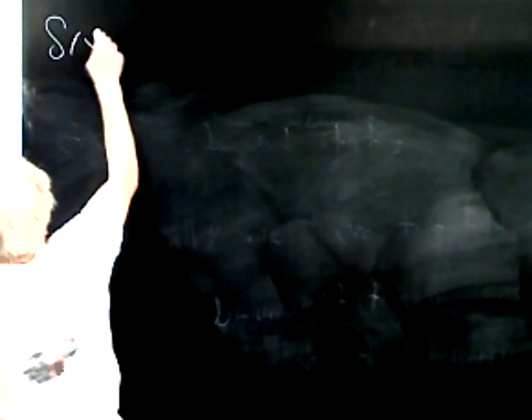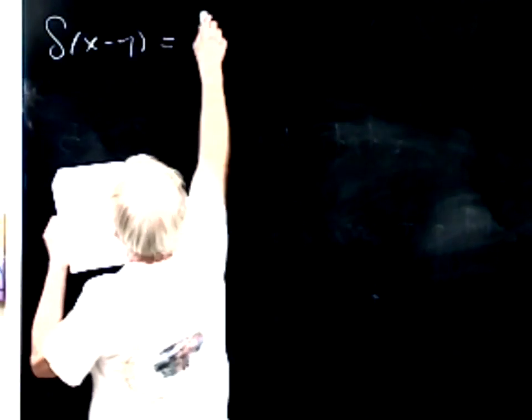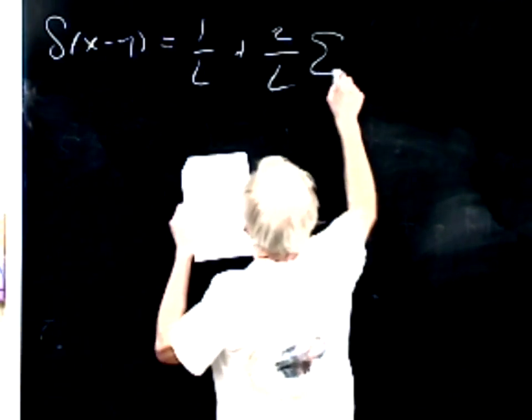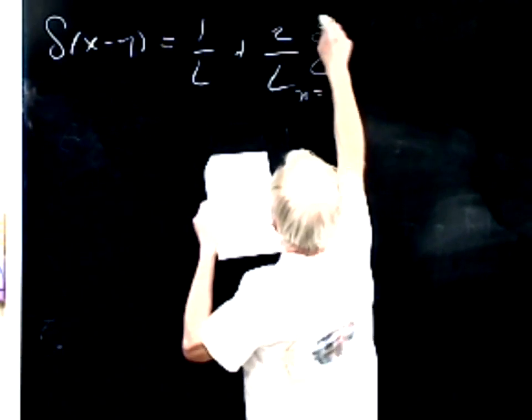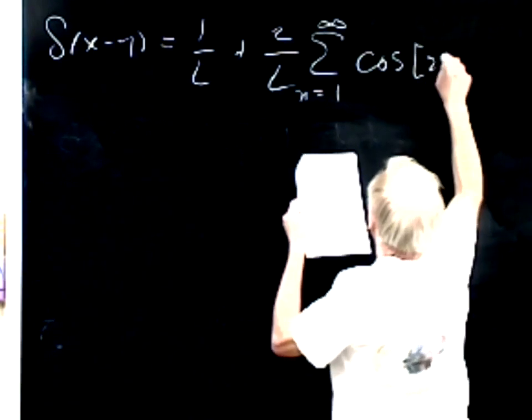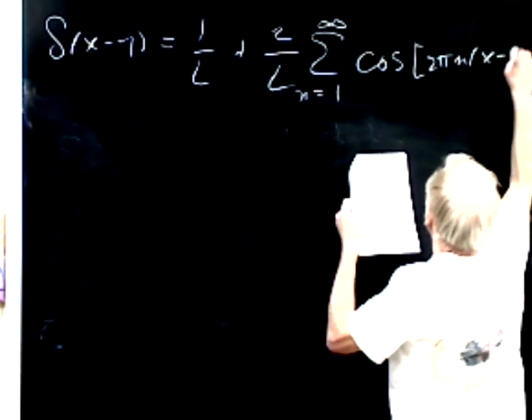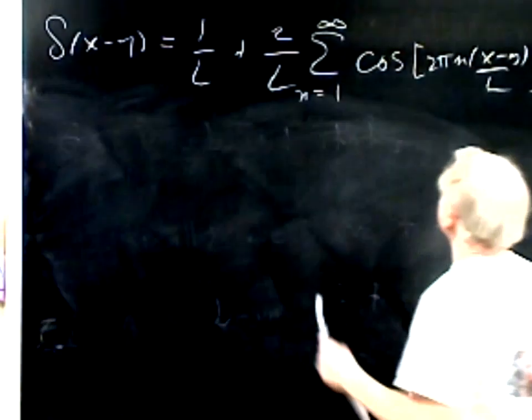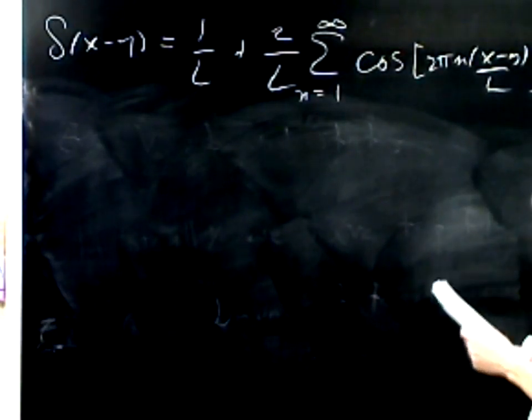Combine them together, we get a cosine. And so this thing can be written as delta of x minus y is 1 over L plus 2 over L, sum n equals 1 to infinity, cosine of 2 pi n (x minus y) over L. So that's another way of writing this delta.